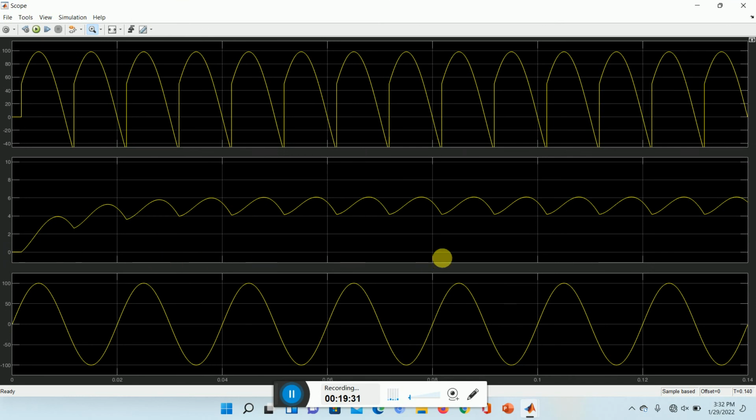Zero is over here, and we are getting a continuous current with ripple. The ripple current is from 6 ampere to 4 ampere. The maximum is 6 and the minimum is 4. The ripple is 2 ampere, and we're getting negative voltage also here.